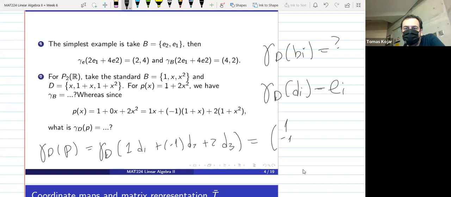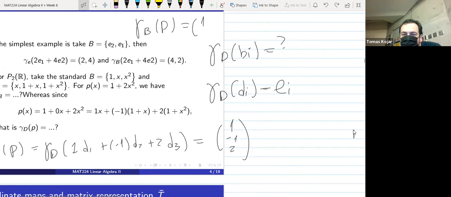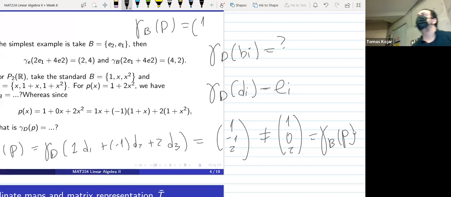So you get 1, minus 1, 2. Remember, gamma b of p is 1, 0, 2, the same polynomial. So the moment you change the basis, you change the coordinate map, you change the output. So gamma b is not gamma d. They have different outputs of the same polynomial.